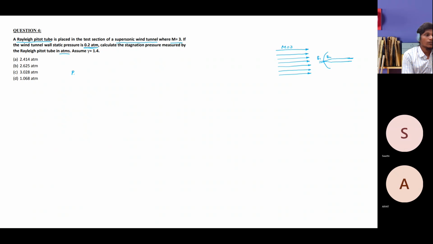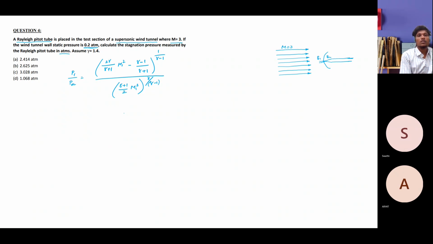That is, P1 by P02 is equal to [2 gamma by gamma plus 1 M1 square minus gamma minus 1 by gamma plus 1] to the power 1 by gamma minus 1, whole upon [gamma plus 1 by 2 M1 square] to the power gamma by gamma minus 1.